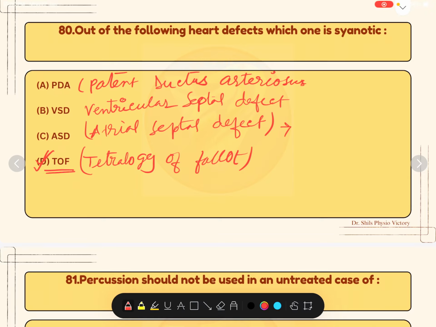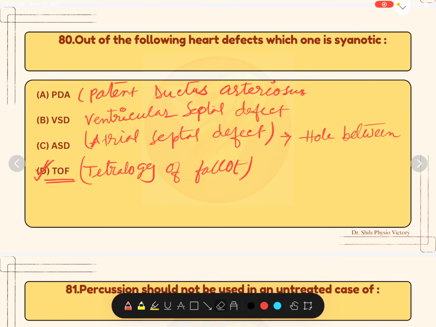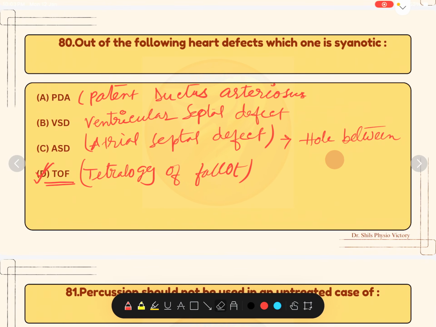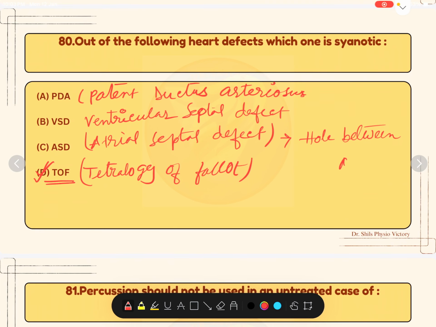An atrial septal defect is a hole between the atria.